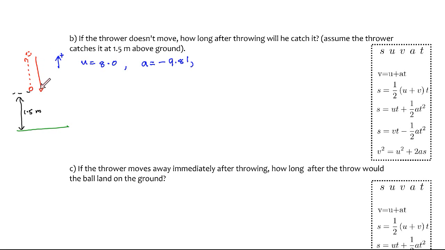The other quantity that I know is that when it comes back to the same position from the time it was thrown, the displacement of the ball is 0, because it's at the same level back again. So the distance between the initial position and the final position is 0. So the displacement of the ball is 0.